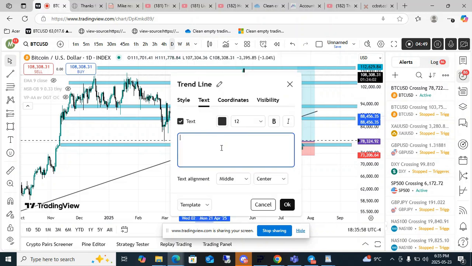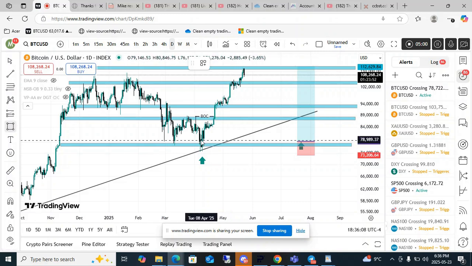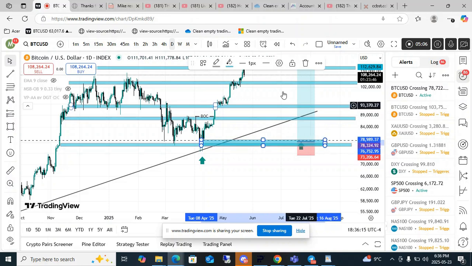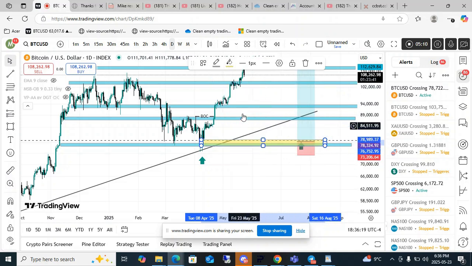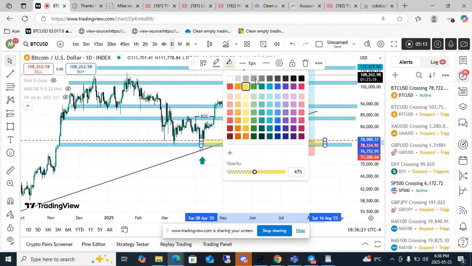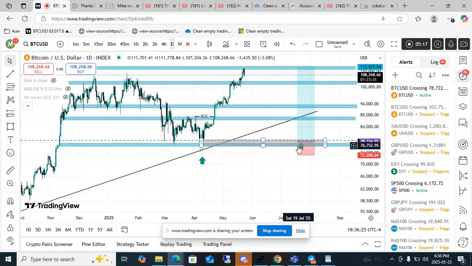This is the origin that caused the break of structure. That's where I'm gonna wait for BTC. So anytime it comes here, then we'll buy.